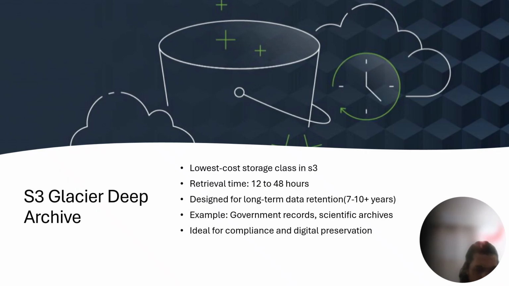Retrieval time can range from 12 to 48 hours, depending on how much data you are retrieving, so it's not meant for immediate access. However, the cost savings are massive, up to 75% cheaper than S3 Standard-IA. Many industries use Deep Archive to meet long-term data retention and compliance regulations.